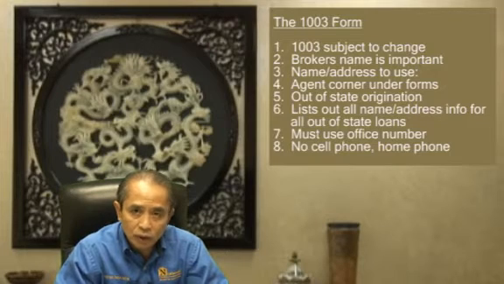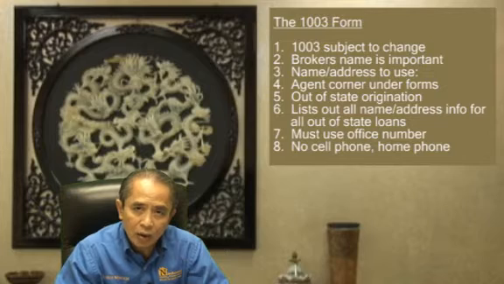If you originate loan in New York, it has to be NLC of New York, Inc. Now, what address do you want to use? Basically, you need to go to the website and go to form, and under out-of-state origination, I list out all the addresses for every state you're supposed to originate. Now, if you work out of a local office, you already know what address you use.